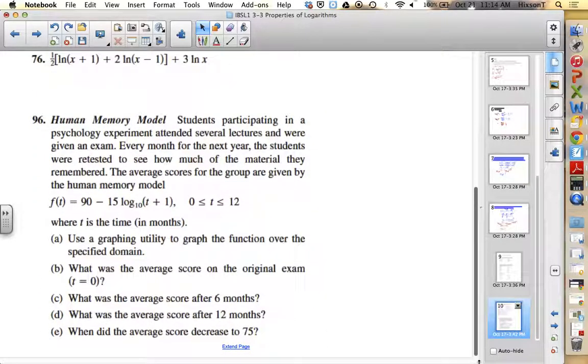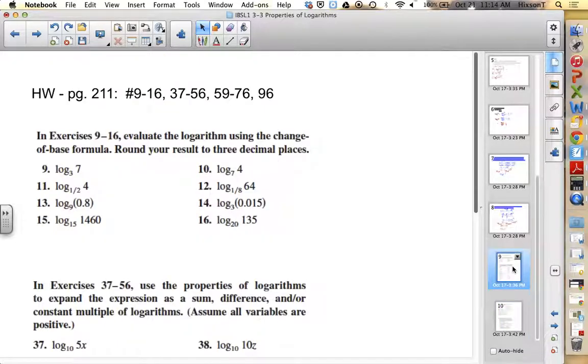Here's one where they're using kind of an application. This is kind of an interesting problem if you read it. But anyways, I'm going to give you the remainder of our time to get started on these. You can either work on the board or you can work at your desks, but you must be working on this. Okay?